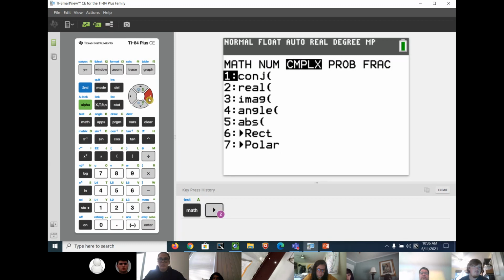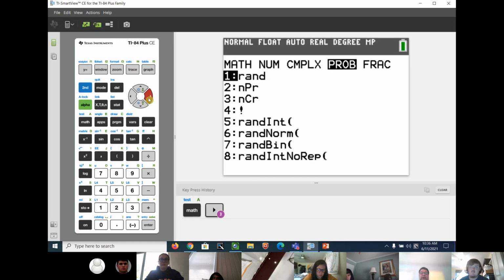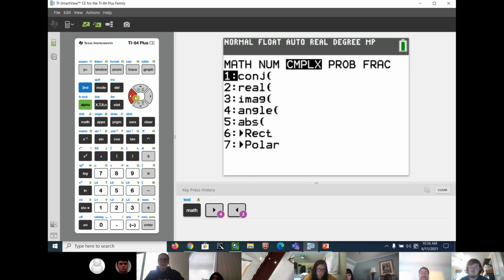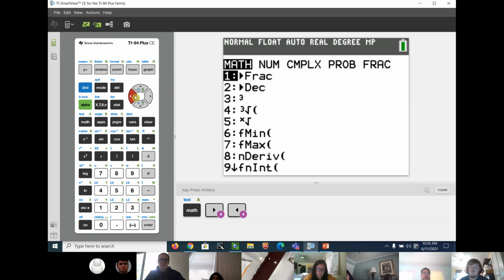And it says matrix, but I don't see it, so it must not be under math. Does anybody know, memory-wise? I can't remember.